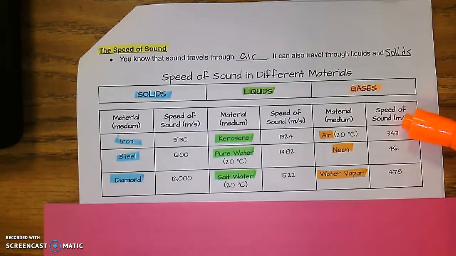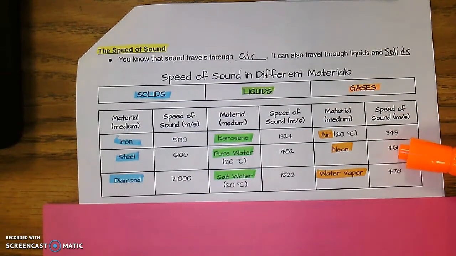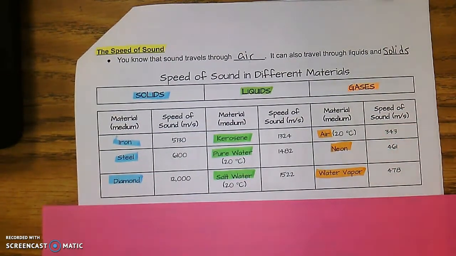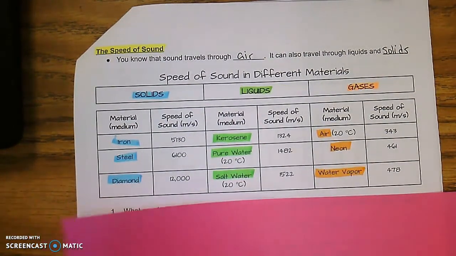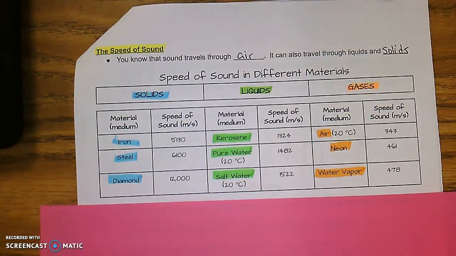So that's the speed of sound in these three gases. Compare that to the solids. So I'd like for you to pause the video and take a moment and answer questions 1 and 2 below, and then once you've answered them, resume the video and see if you got them correct.